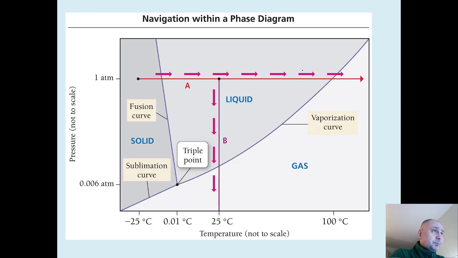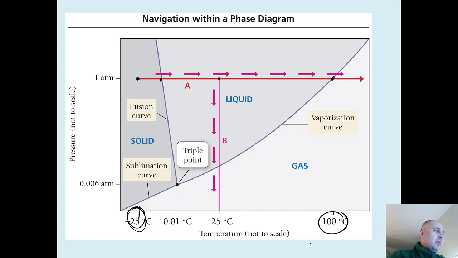As you heat at 1 atm, if you start at low temperature, let's say negative 25, keeping the pressure constant, you will go to about 0, you will go to melting, and then here you go to boiling.